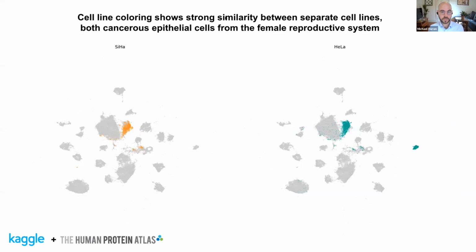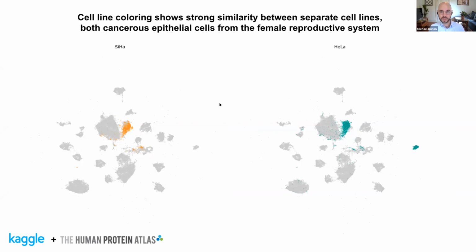And finally, when we look at the embeddings themselves, that again we learned in an unsupervised way, we see that in this cluster right here, there are 2 types of cell lines. There's the CH line and the HeLa line, both of which are cancerous epithelial cells from the female reproductive system. So what we see is that without knowing anything about these cells, Dino was able to learn the correct features that put similar cell lines in the same place.